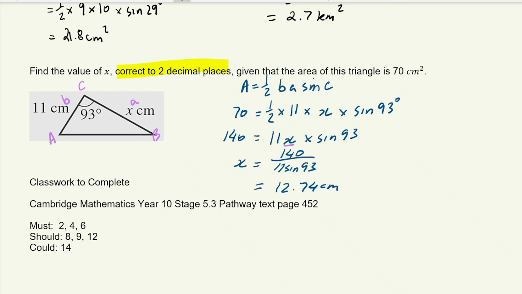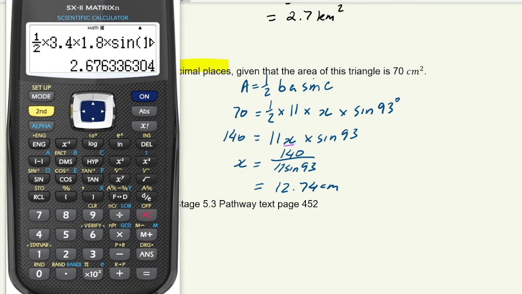Let's double check it. We want 140 over 11 sine 93. 12.742 to 2 decimal places.